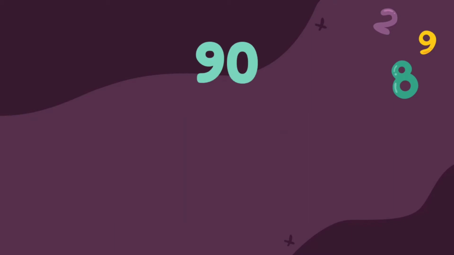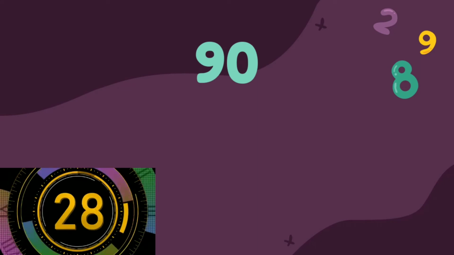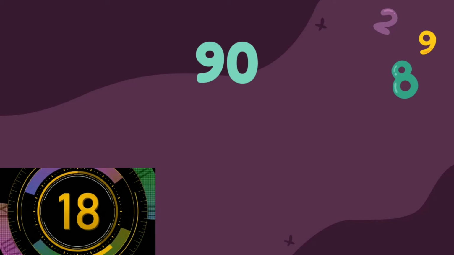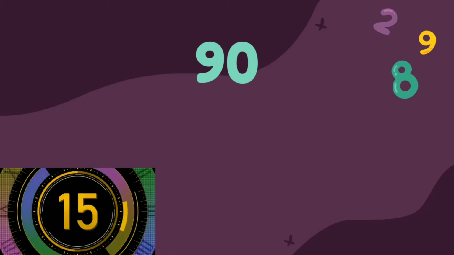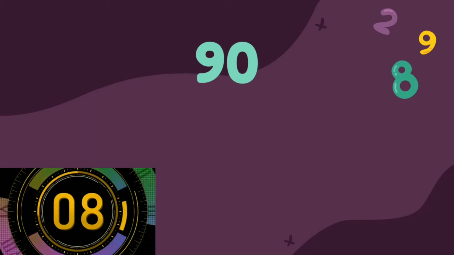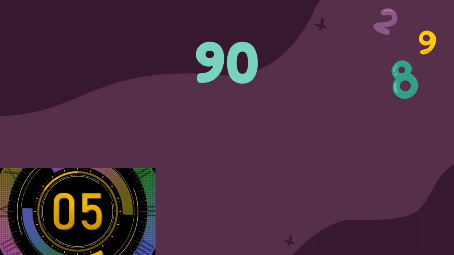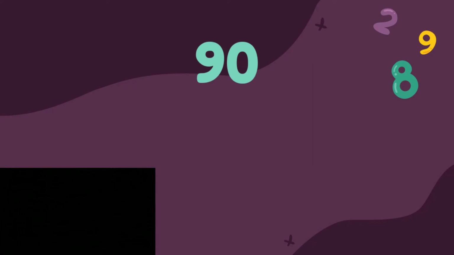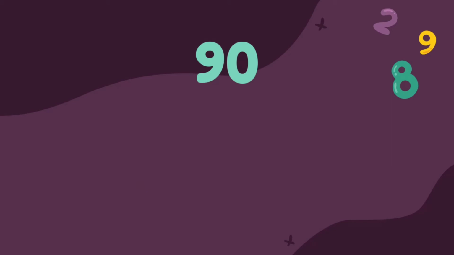Next, spell the word 90. Your timer starts now. 90 is spelled as N-I-N-E-T-Y. 90.